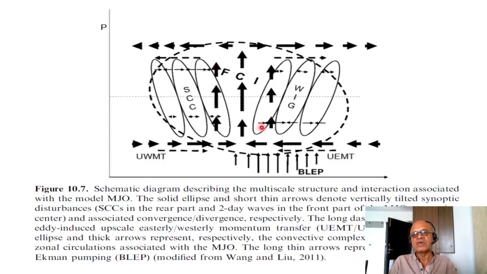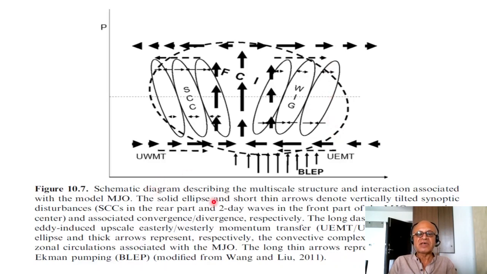And you have the two-day waves, or the westward inertial gravity waves, which are in the front end of the MJO typically from observations, and are tilting forward and are in the easterly wind anomalies associated with the MJOs, and the eddy momentum transport here is of the easterlies upward.